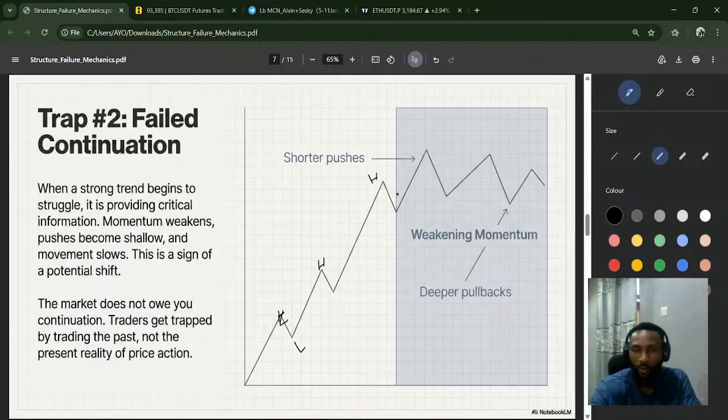Gradually the momentum weakens, and it starts showing signs that the market might stop going on an uptrend. Okay, take note of that. So move on, this is not finished.